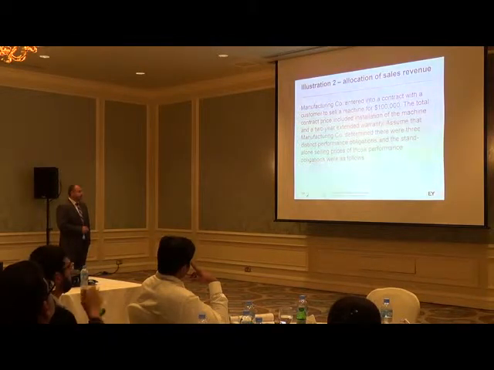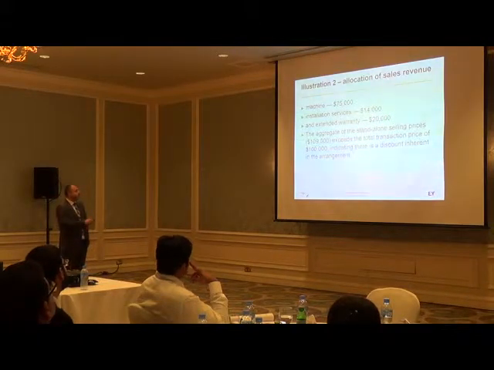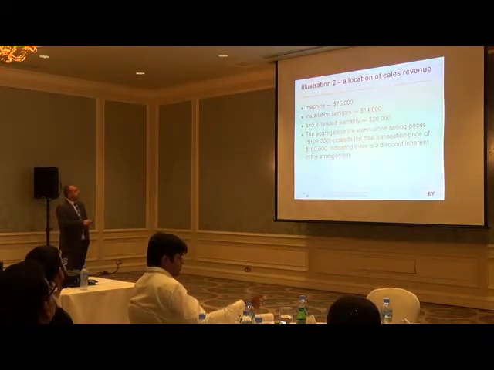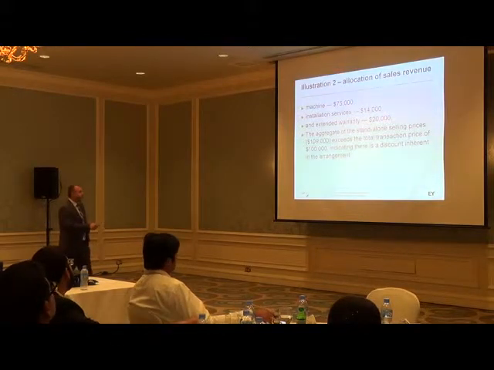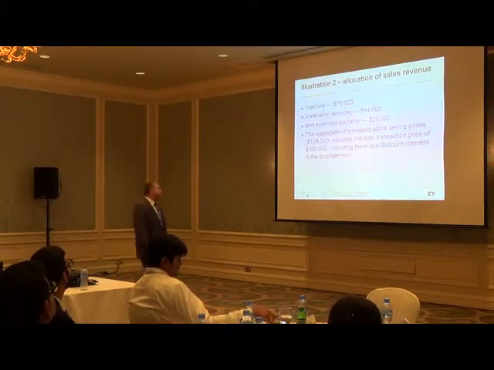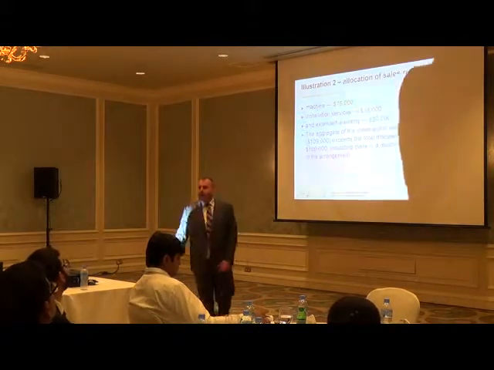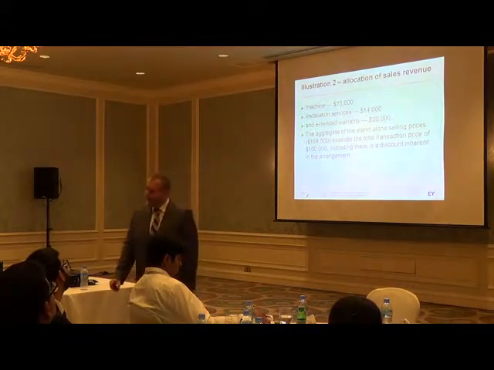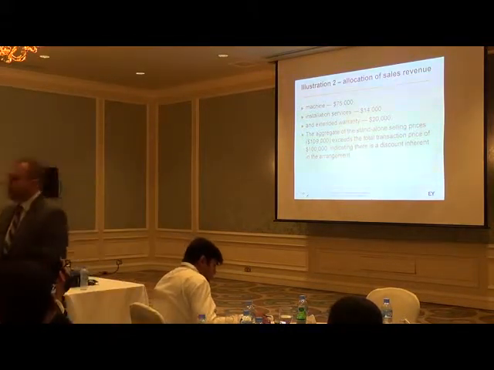Assume that the manufacturing corporation determined that there were 3 distinct performance obligations and the standalone selling prices were as follows. See that? 75 would be the machine. If they ordered only the installation, it would be 14. And what about the extended warranty? If they would purchase it separately, this would be 20,000.